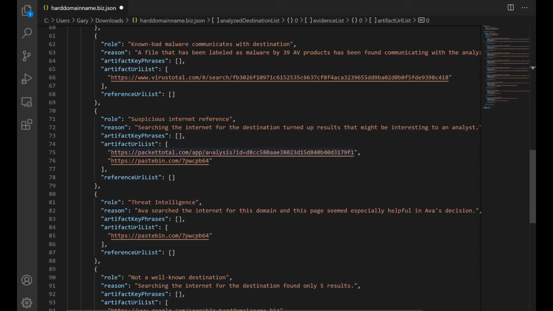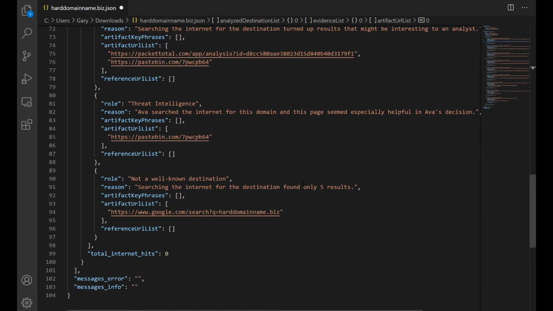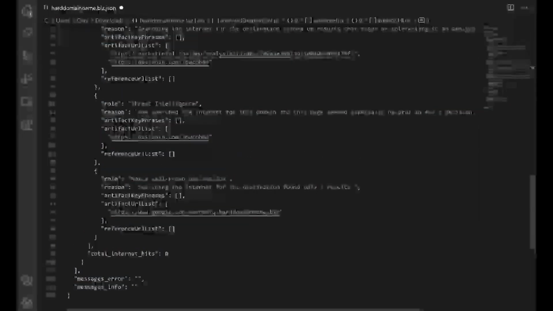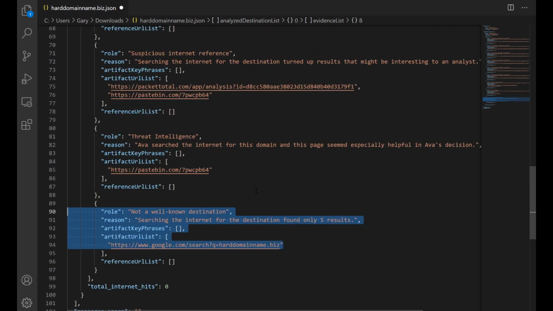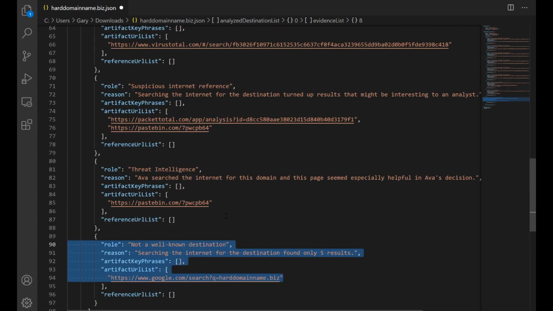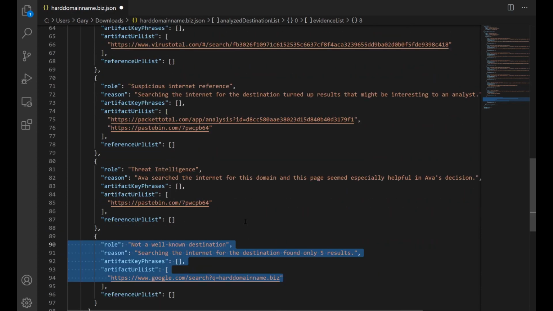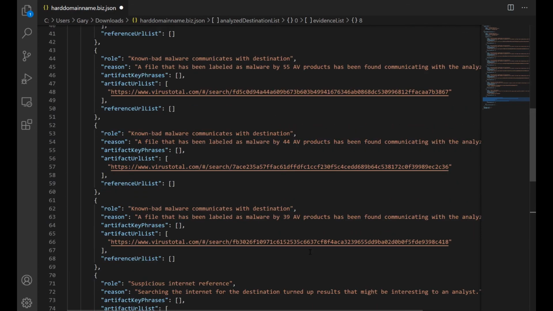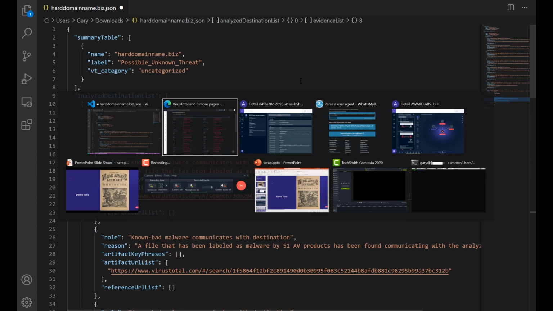Ava has also identified these websites that discuss this domain, which Ava found particularly interesting. But there are also very, very few results out there. So that helps illustrate some of the thinking behind Ava's assessment here that it's possibly unknown. Very, very little about this is known on the internet, although there is indication that it is risk related.